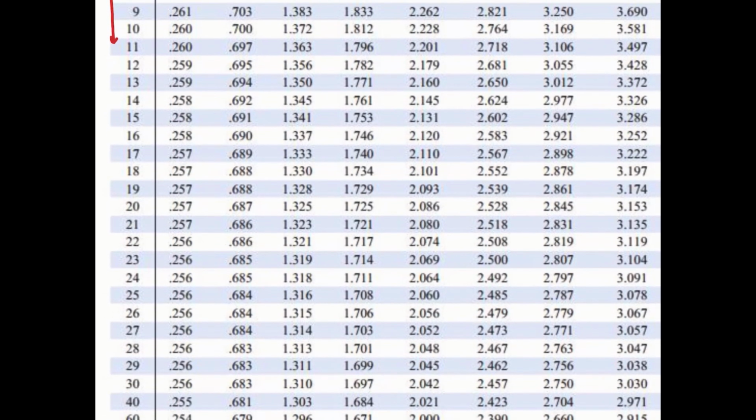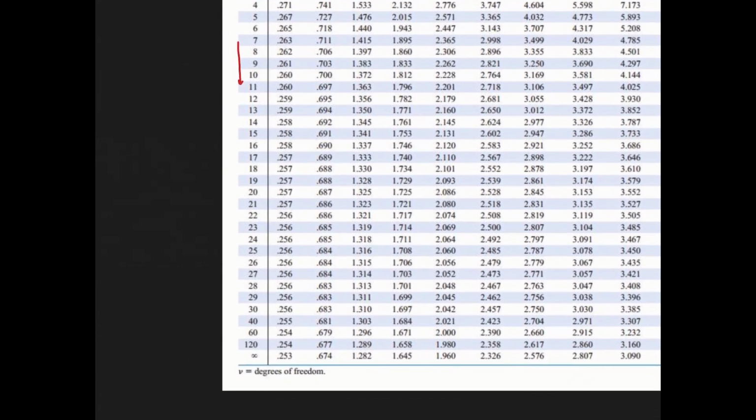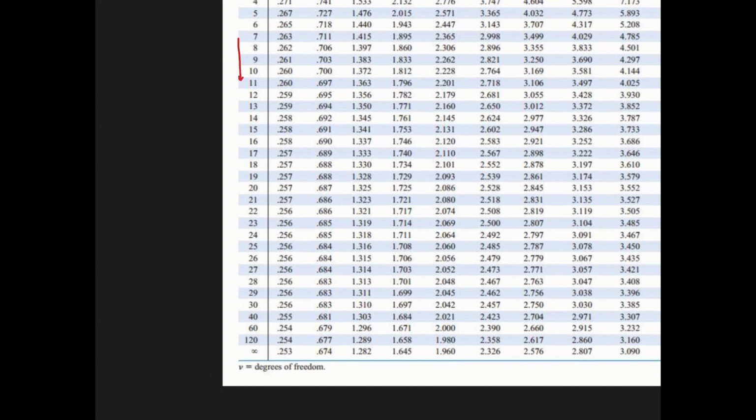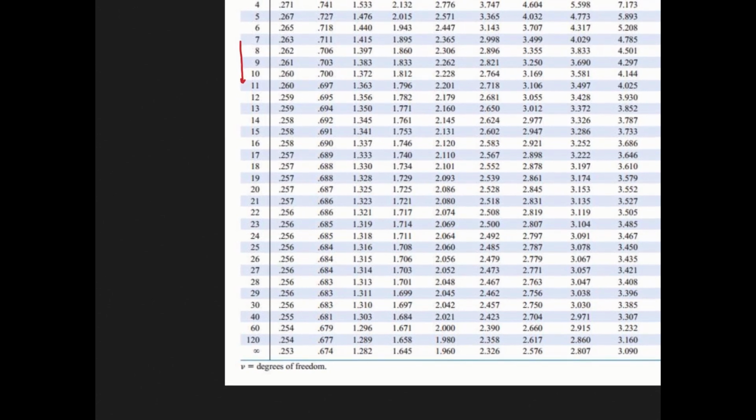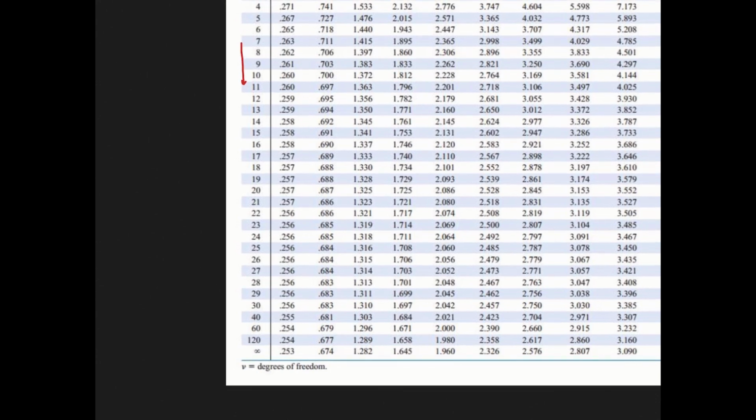If I go down here at the very end, I'm trying to show you that 39 does not exist, but 40 is there. When you look at the difference between the values between 30 and 40, you see it's 1.69 and 1.68, so they are very close to each other. 39 is probably very close to 40.